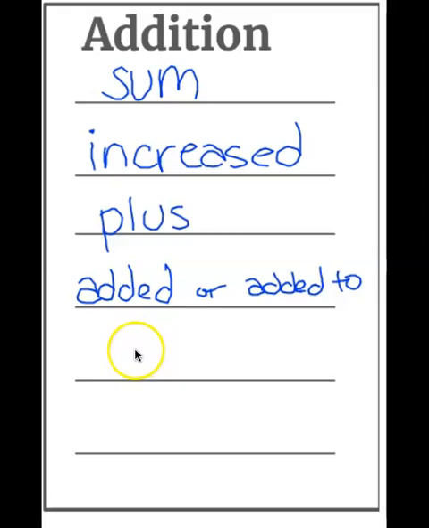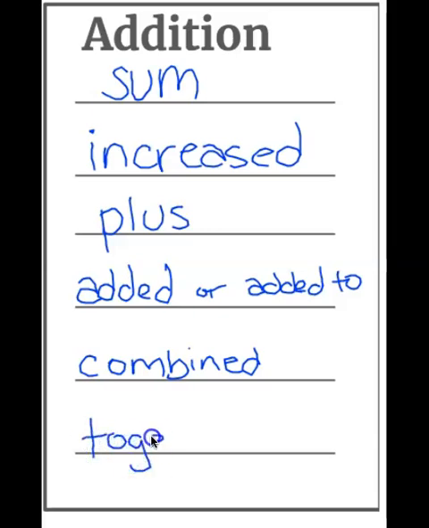Also, we can use combined. 5 and 3 combined, or a group of 5 combined with a group of 3. That would give us 8. What about this one? Together. That's sometimes a clue word that will let us know that we need to add something together.